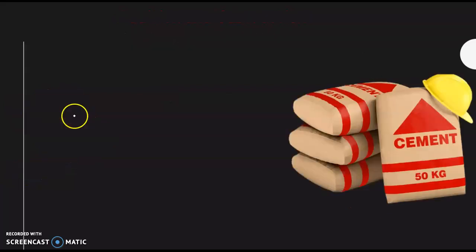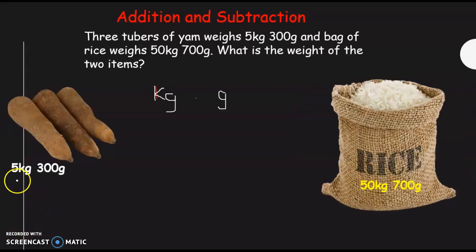Now let's take what we have here. Under the tubers of yam, we have 5 kg. So I'm going to write 5 under kg, and I'll write, remember, I have the decimal point there, 300 under what? Grams. Now we are looking for the weight of these two items together.